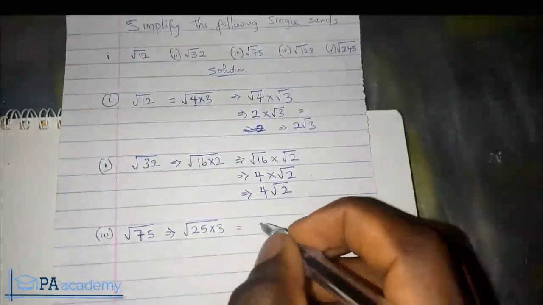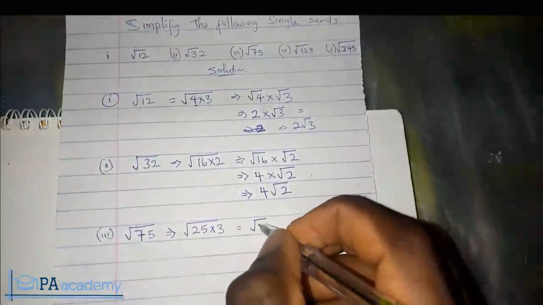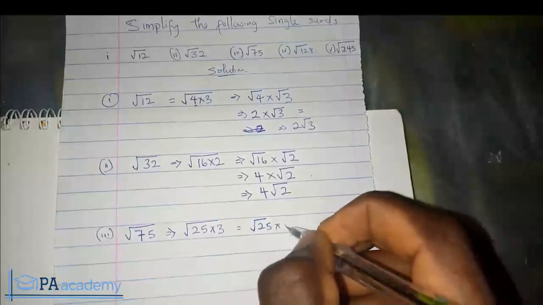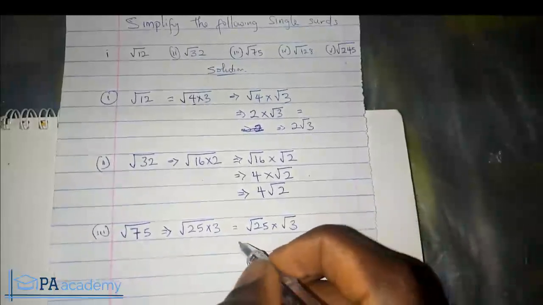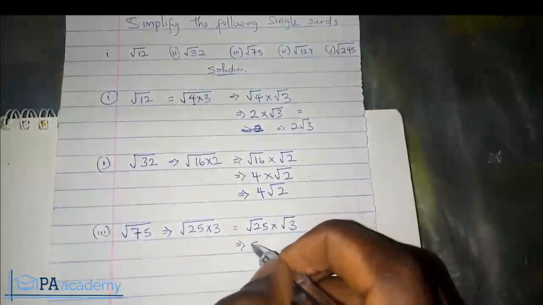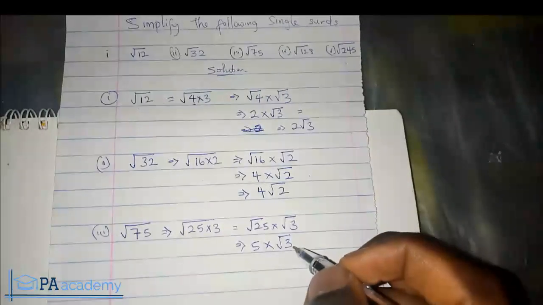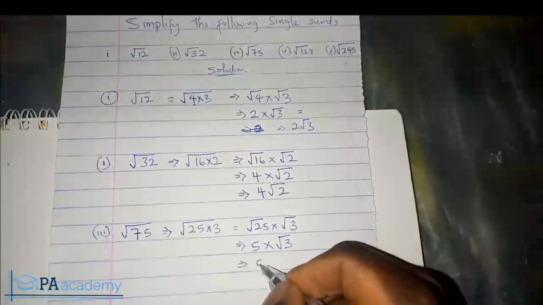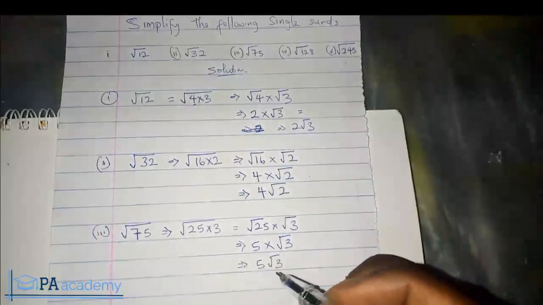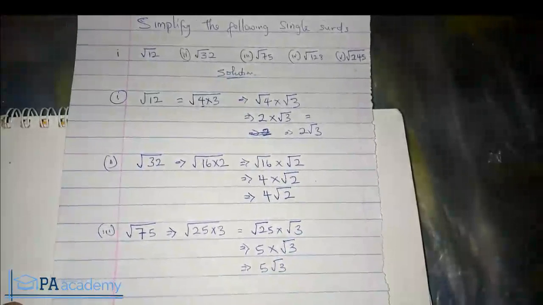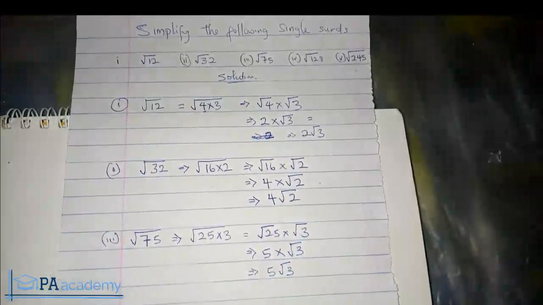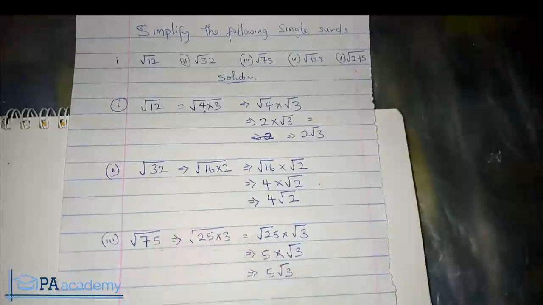Let's put it apart: we'll have the square root of 25 times the square root of 3. The square root of 25 is 5, times the square root of 3. So our answer will be 5 root 3. You can see this is a very simple question. What I just do is look for a perfect square that can multiply to give the number you want to simplify.